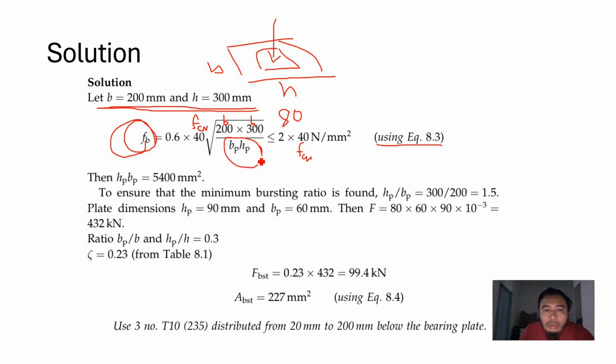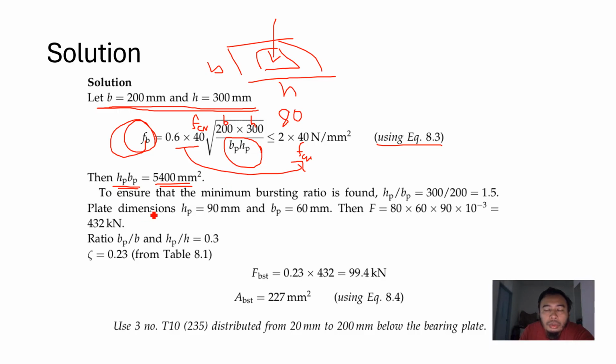So you solve for this, or go to the right hand side. So you get your value of BP times HP, as in this example. Your value of HP times BP is 5400 millimeter squared.